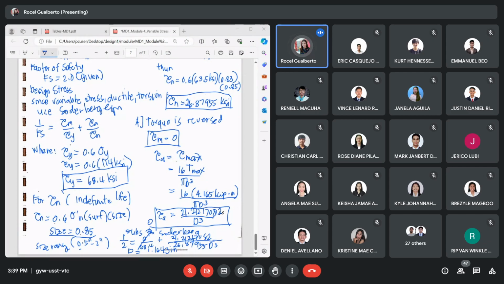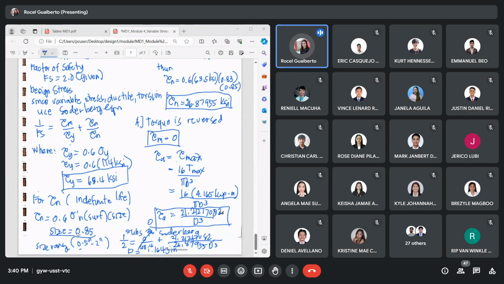Gumamit po tayo dito ng size factor na 0.85, so ang inaasahan po natin, our answer would be on a size range of 0.5 up to 2 inches. And look at our answer, 1.1643. Luckily, nandun po siya sa size range na iyon.